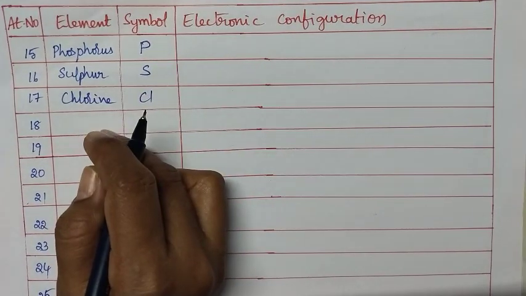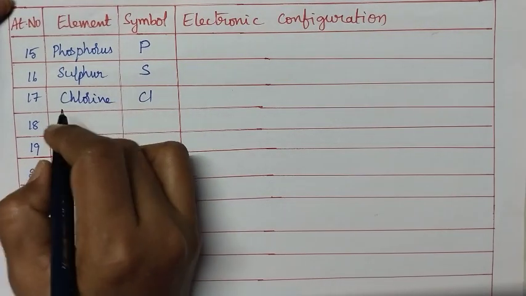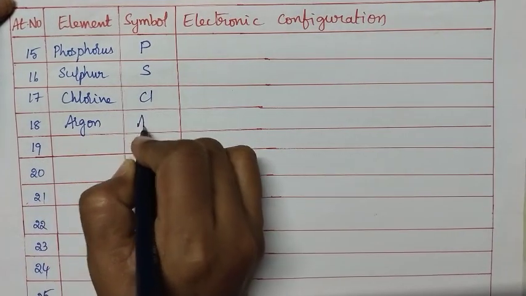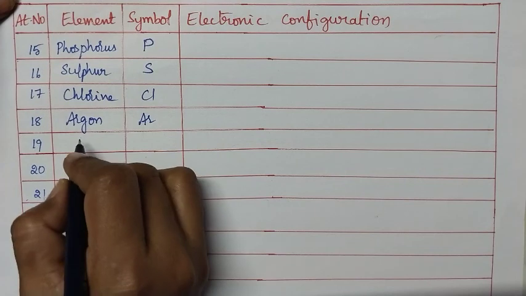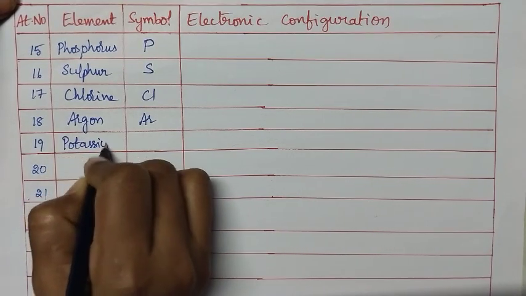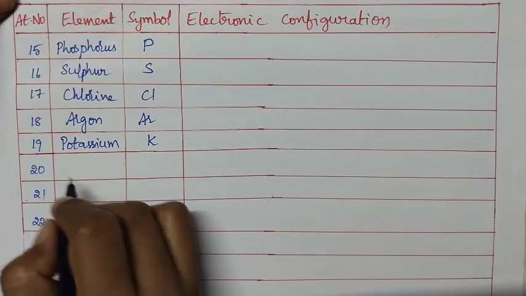Coming to the atomic number 18, its element is argon and the symbol is Ar. If the atomic number is 19, then the element is potassium, and its symbol is K.